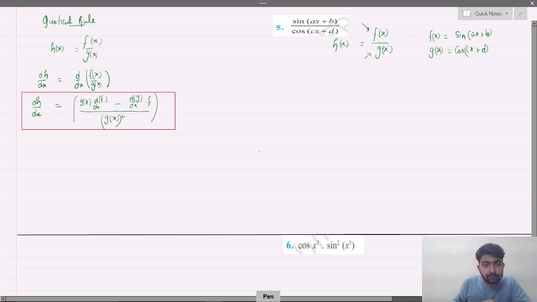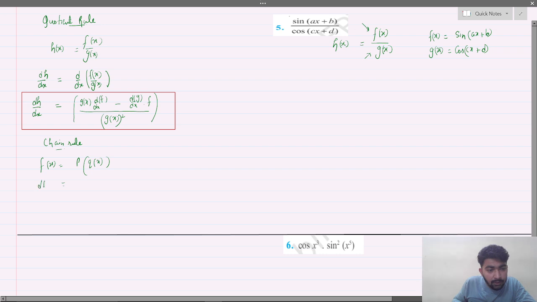Here you can see the quotient rule and the chain rule. Here we have the chain rule. Your f(x) is further expressed as p(q(x)).